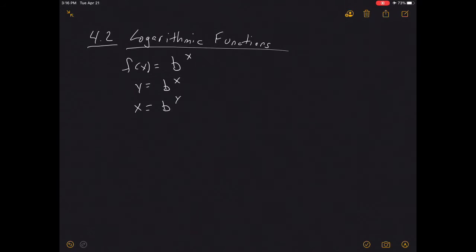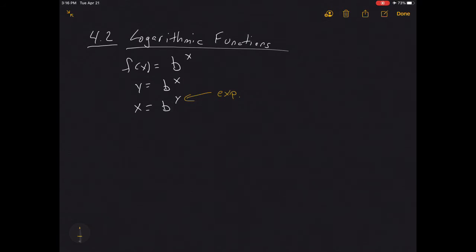In order for us to solve this for y, we have to come up with another way of writing this y value. We have to come up with another way of saying, okay, what is that exponent? How can I rewrite this so I can solve this thing for y?